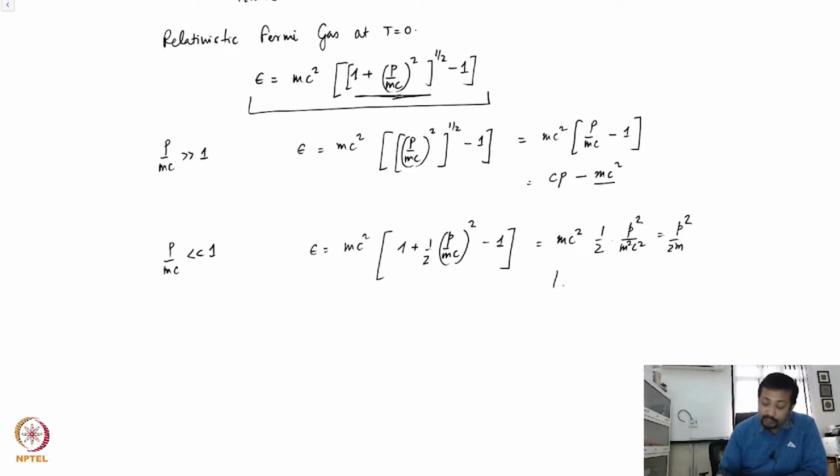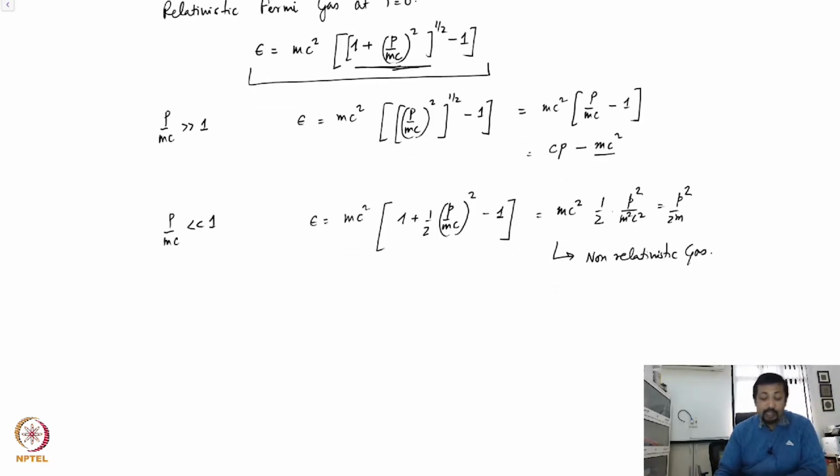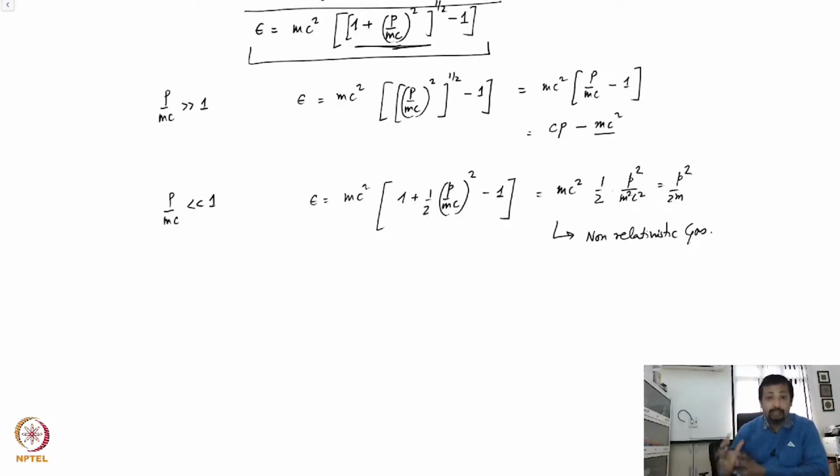So therefore this gives you the non-relativistic gas. And when you look at this energy expression, you are kind of doing both. Just have to figure out the limits when you finally want to know the results. So let's start with this.